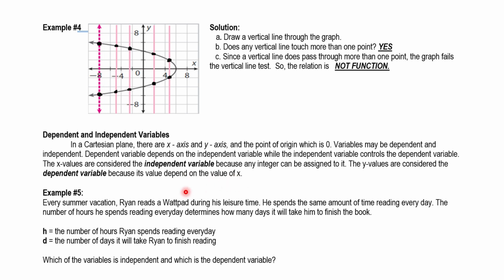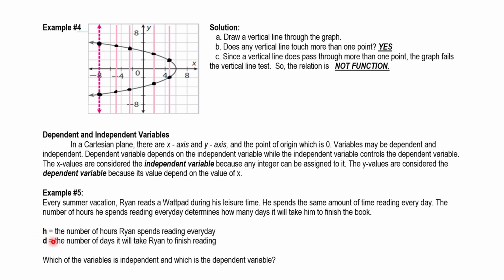For example number 5, for us to understand well about dependent and independent variables. Every summer vacation, Ryan reads a Wattpad story during his leisure time. He spends the same amount of time reading every day. The number of hours he spends reading every day determines how many days it will take him to finish the book.